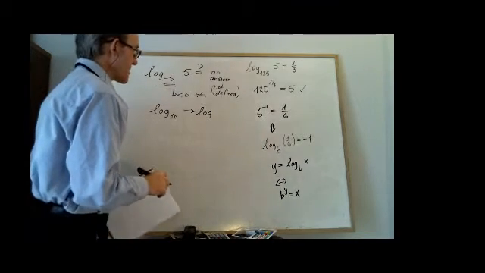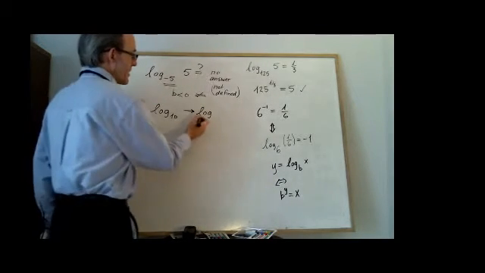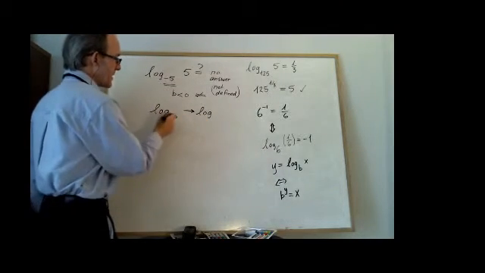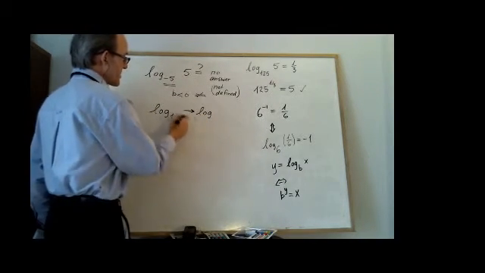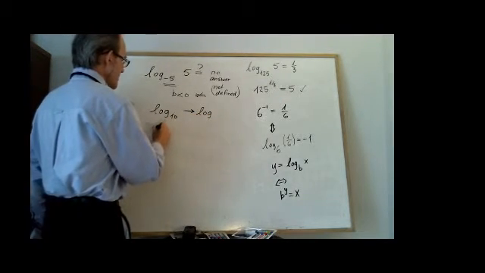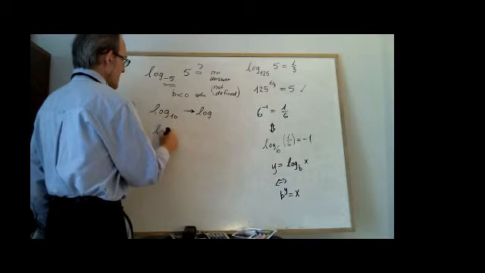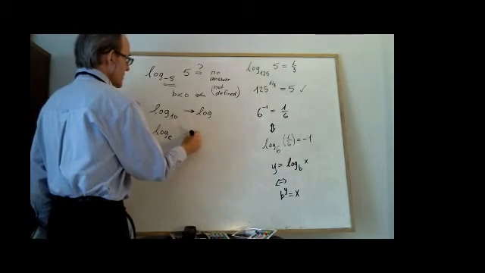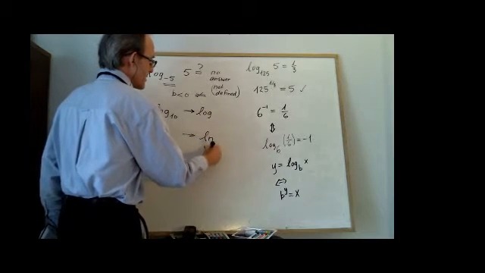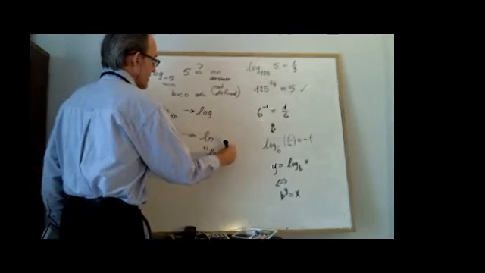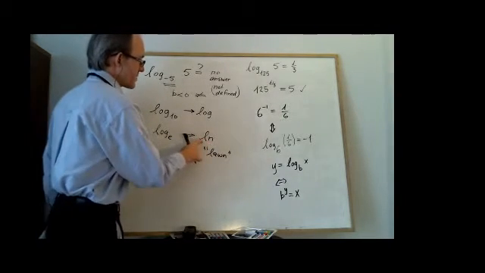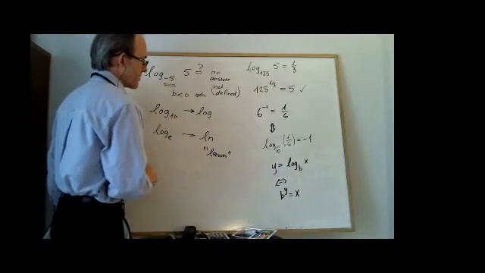In the worst case, just check the book to see what is defined if you see log by itself without any base. But usually in this class, if it doesn't have a base, then it is assumed to be base 10. And there's another one, log base e, which is usually written ln, and that simply stands for natural logarithm.